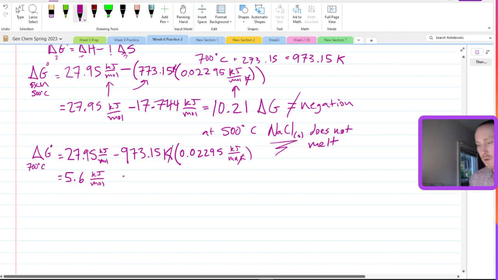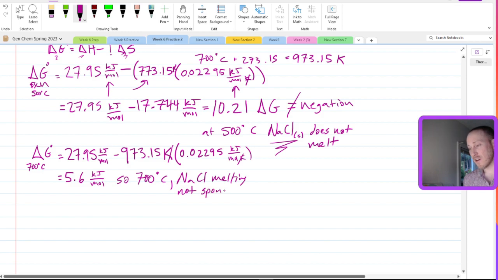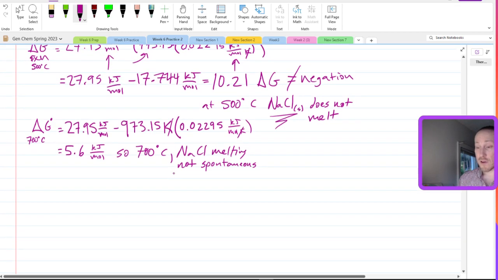But even at 700 degrees Celsius, it doesn't melt. The melting is not spontaneous. Spontaneous means does it happen or not, basically. Now, if you contributed 5.6 extra kilojoules per mole of salt, then you can make it happen, right?